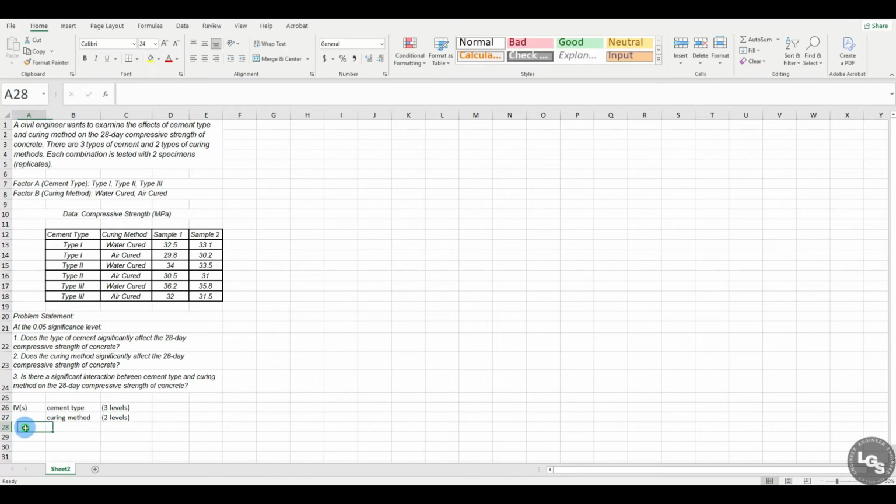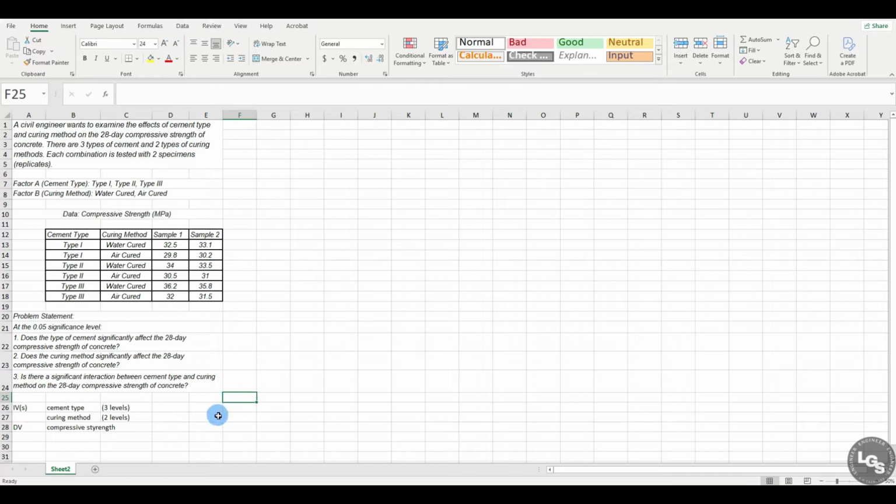Our dependent variable is the compressive strength of the concrete. So based on these factors, we have two factors, each with two or more levels, and a single dependent variable. So this is a problem where we can use the two-way ANOVA or the ANOVA two-factor.